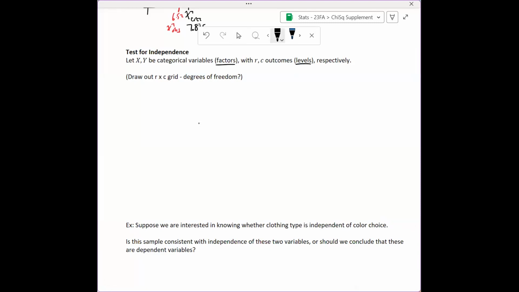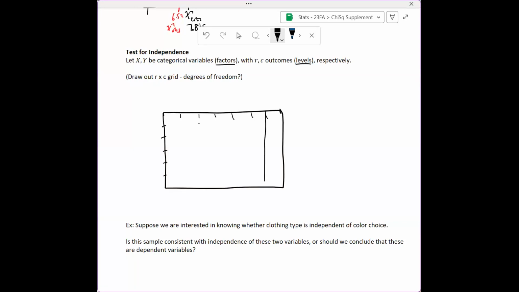Okay, so what's the idea here? The idea here is we have two variables. One variable has a bunch of different possible outcomes, as does another variable. So I could draw a grid like this.